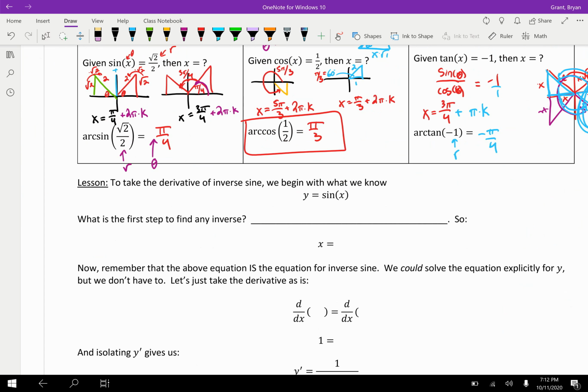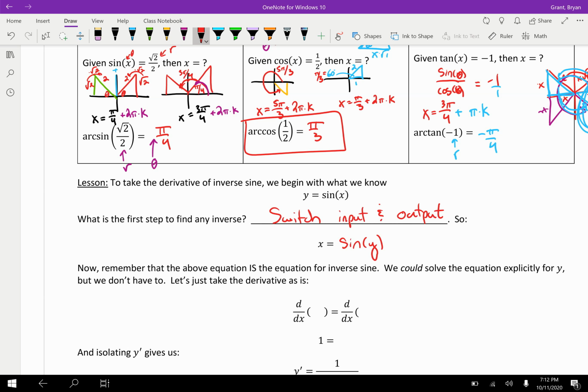Now don't forget that the first step to find any inverse is you switch the input and the output. Right? It's probably what you learned in algebra 2. To find inverses, you swap those, so we get x equals sine of y. And technically, we're done. That is the inverse function, right? Because the input has become the output.